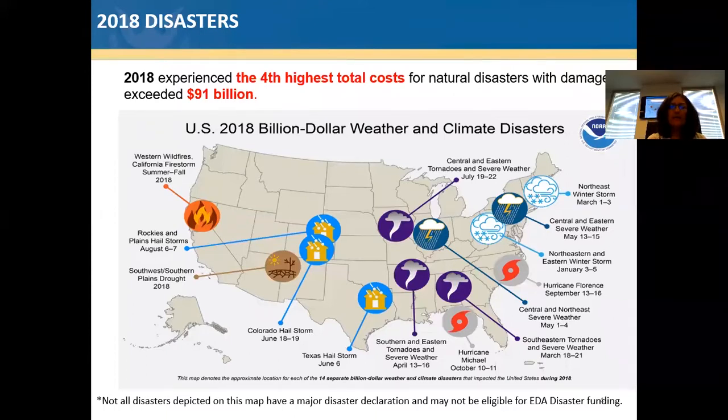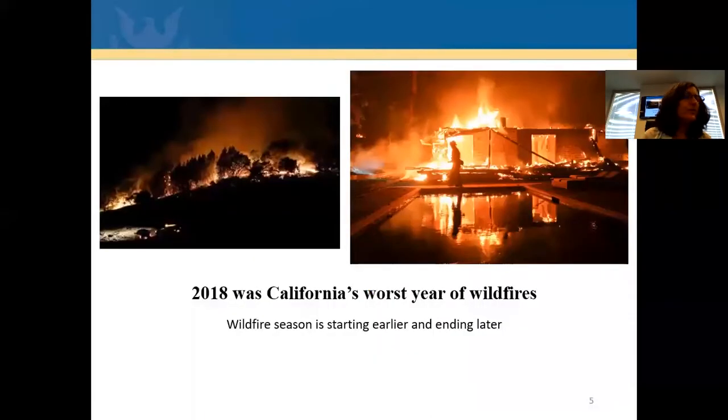In 2018, that includes some of the major disasters that you may have heard about, such as Hurricane Michael, Hurricane Florence. I recently was in Northwest Florida and had to see directly the changes that were going on there as a result of Hurricane Michael, which included many economic damages to the agricultural industry, with timber being the hardest hit. We also know that 2018 was a bad year for fires, for wildfires.